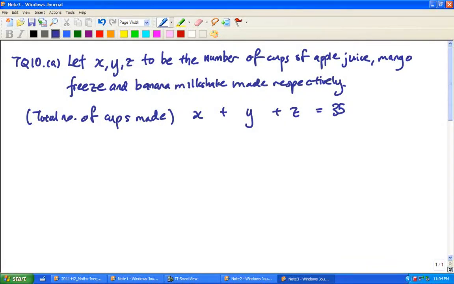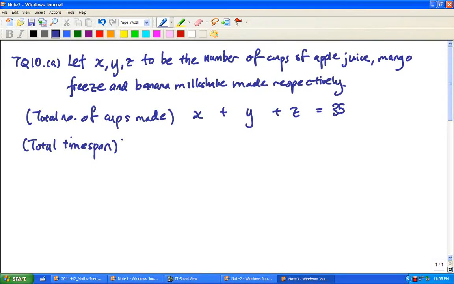They told you that the total amount of time spent for all the processes, for all the fruit juices, is 204. So total time spent will give us our second equation.